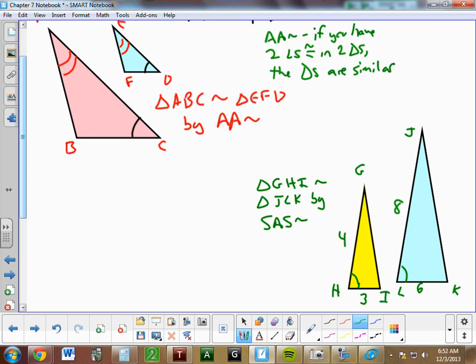We usually put the tilde at the end right here to show that it's definitely similarity. So if you're wondering why I'm putting that, it's to differentiate it from the side, angle, side that we know for congruence. So that's why I'm putting it there. So let's write that out.